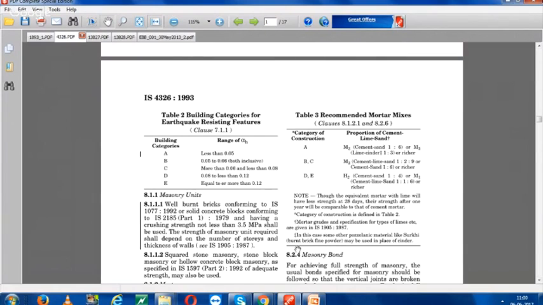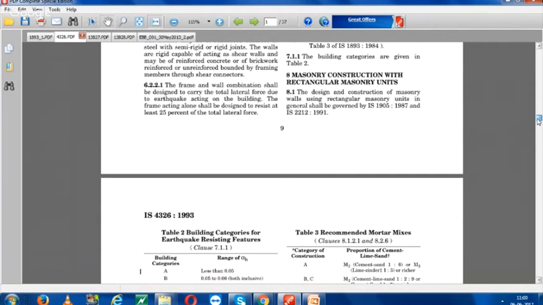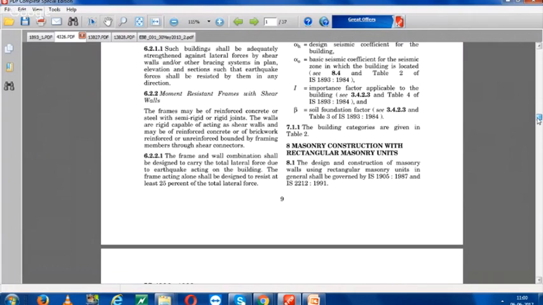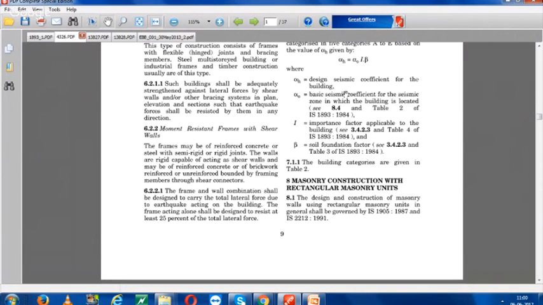Category A, category B, category C, category D, and category F depend upon the alpha H. What is alpha H? Alpha H is given here in this code.